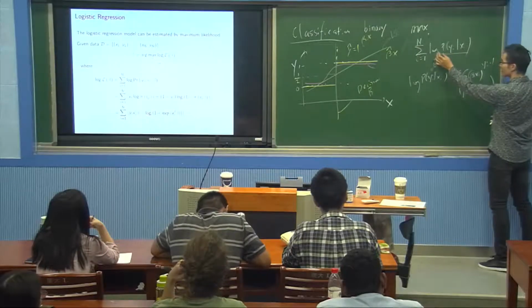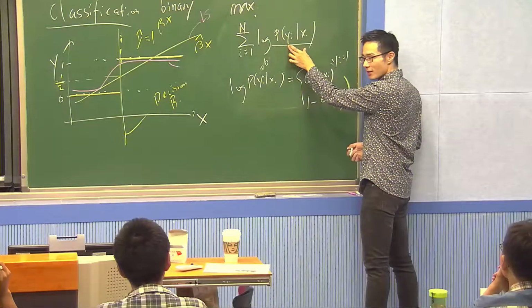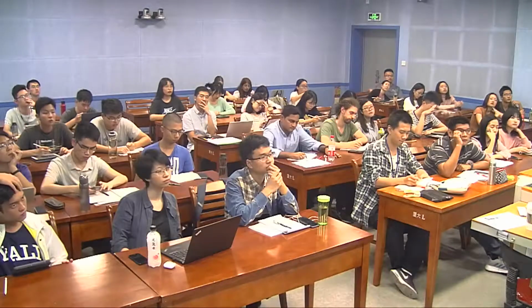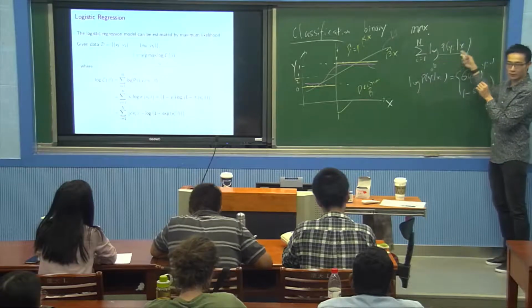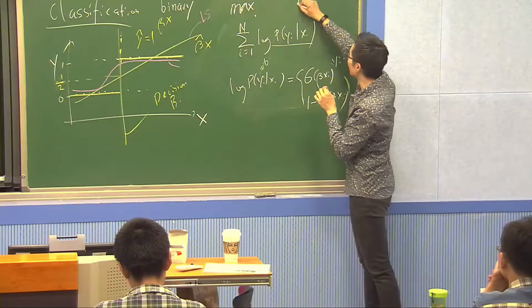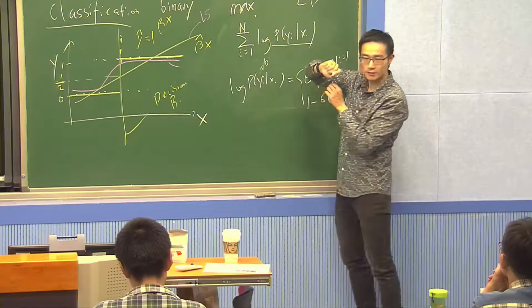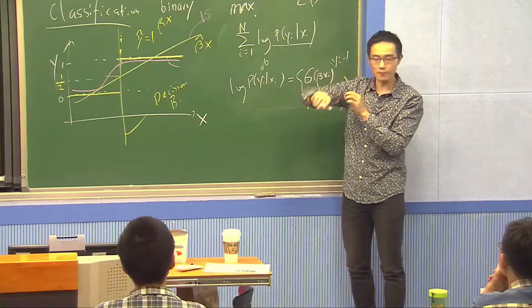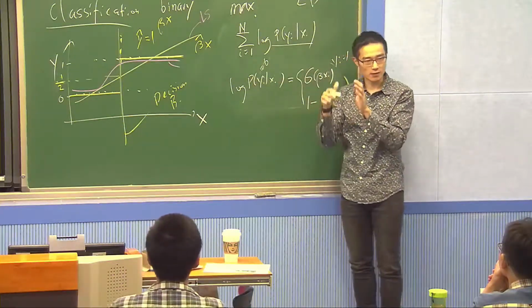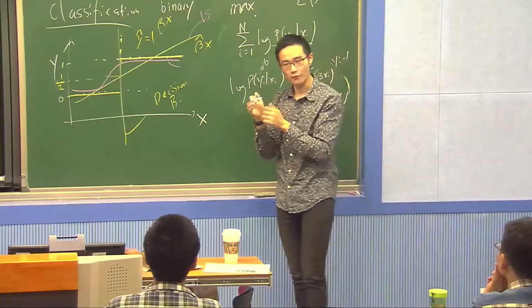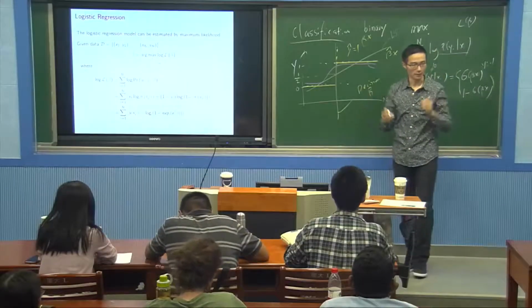So each log p is the log of either sigmoid beta xi or log of 1 minus sigmoid beta xi. So everything is a function of beta. And then when we do maximum likelihood, we're simply trying to find the beta that maximizes this whole thing, because this whole thing is a function of beta. So we're just choosing beta to maximize this, and that gives us our estimate of beta for logistic regression. That's how we get the beta.